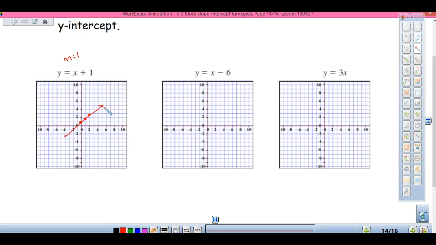Okay, let's jump to this one over here. What is my starting point? 0, good. So we start at 0. And then what's my slope? My slope is 3, so that means I go up 3 over 1, up 3 over 1.